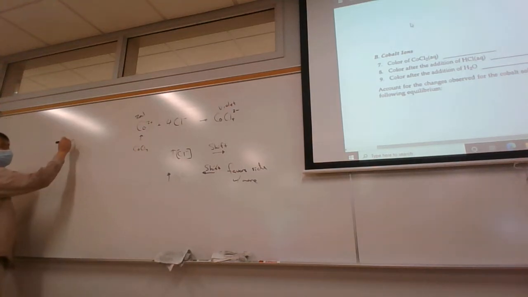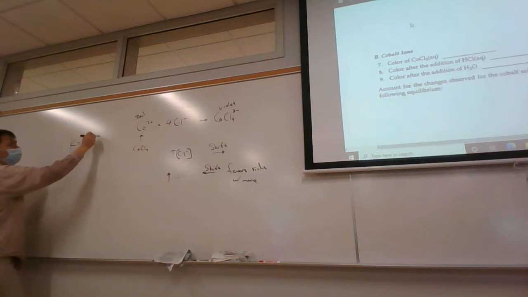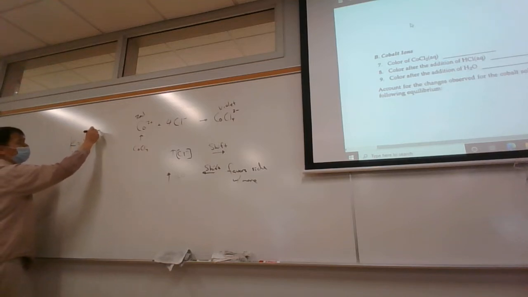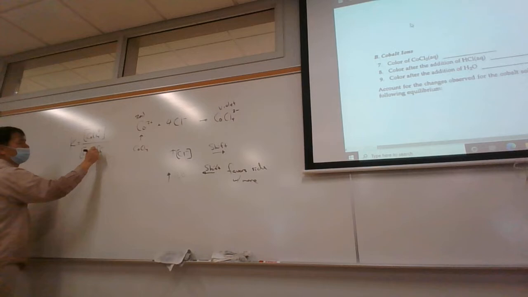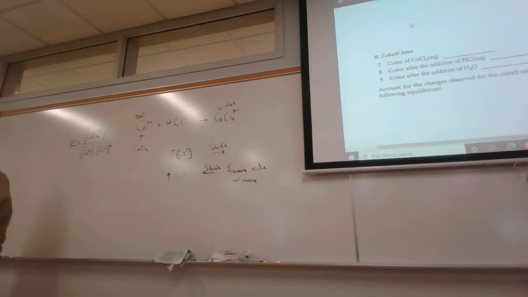So if we write out the K expression here, the K is going to equal the tetrachlorocobaltate complex concentration over the cobalt 2 plus concentration, and then the chloride concentration to the 4th power.